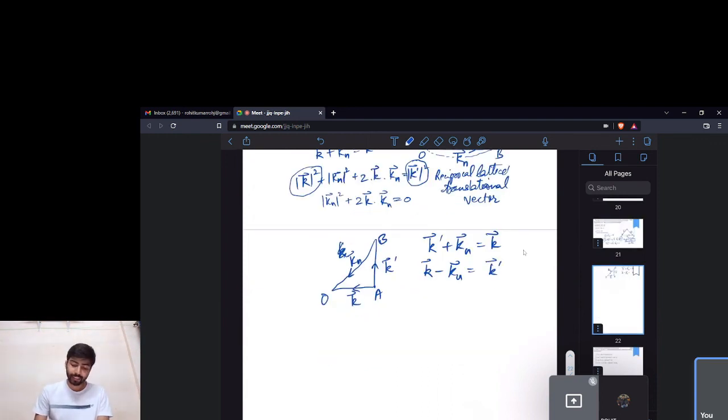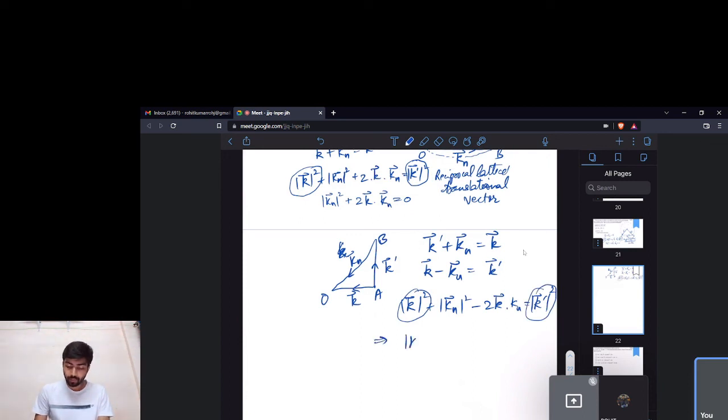And if we do the same thing, summation both sides, we get k vector mod square plus kn vector mod square minus 2 k dot kn is equal to k prime mod square. Again, k square and k prime mod square, the magnitudes, are the same.